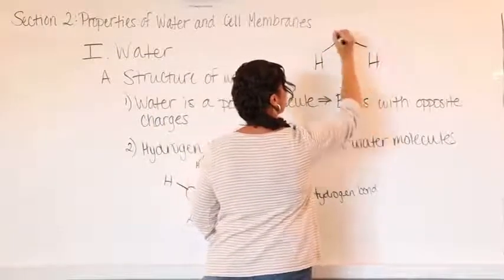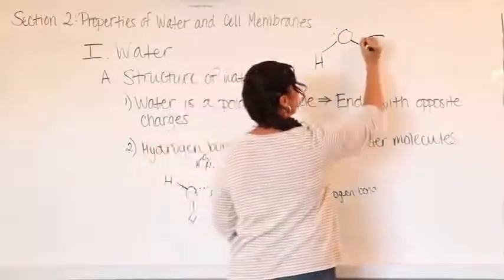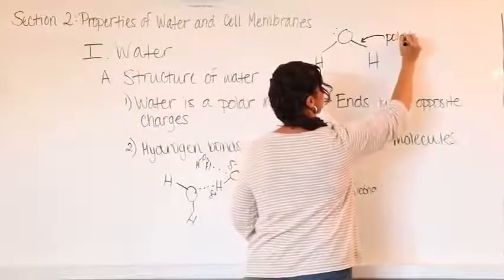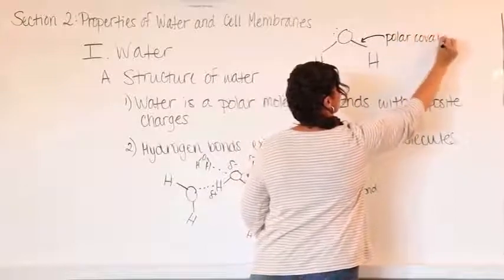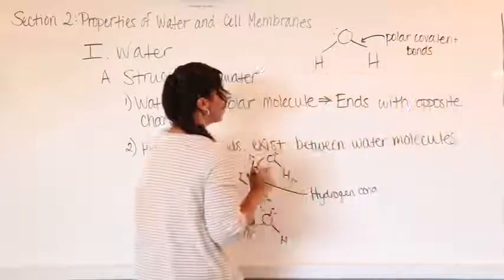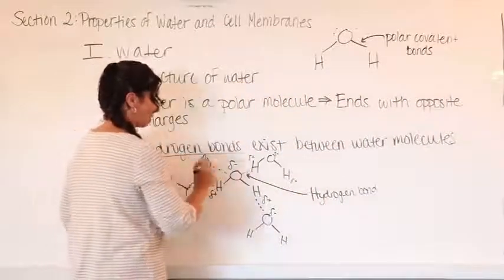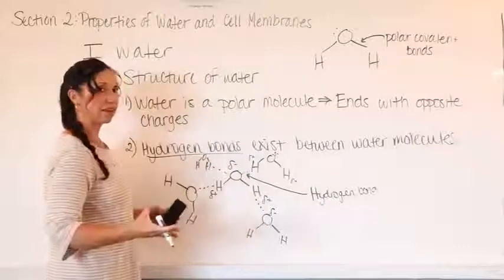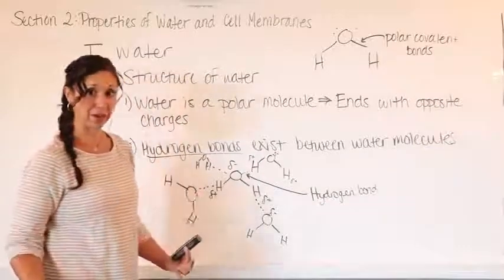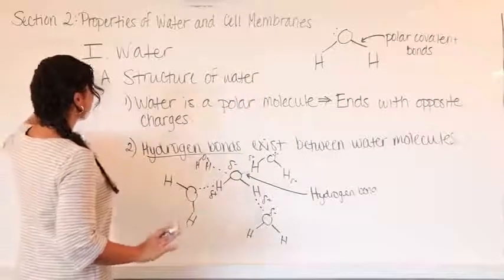It's as polar as you can get. However, between water molecules, you have hydrogen bonds that allow it to have all the properties we're about to talk about. Okay? So that's the structure of water.